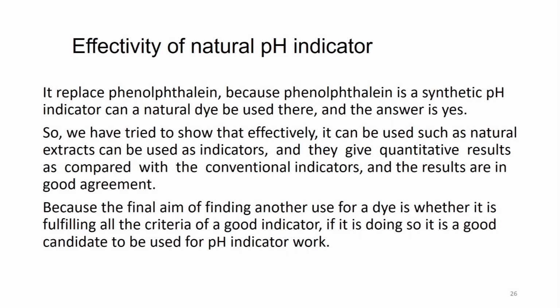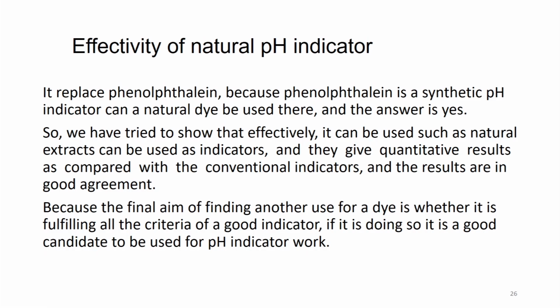So, we have tried to show that it can be used effectively, such as natural extract from the flowers, particularly from the anthocyanin series, which can be used as very good indicators, and they give quantitative results as compared with the conventional indicators, and the results are in good agreement.